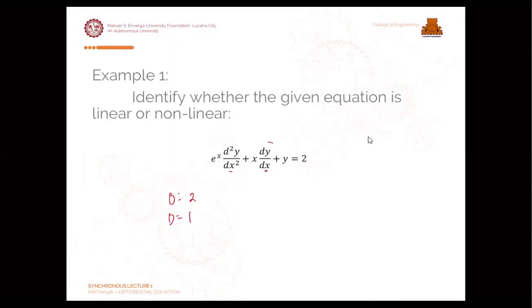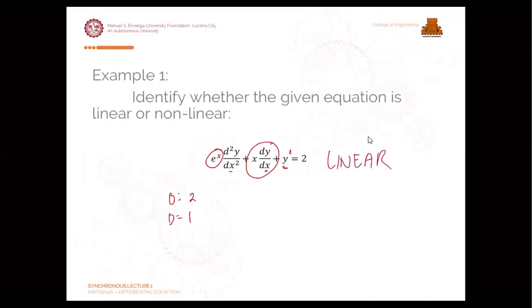So x times dy over dx, what is multiplied is not dependent, so it is still allowed, no? Then your function is raised to only the first power. Then the exponent of e is the independent variable. So, therefore, this is linear, no?